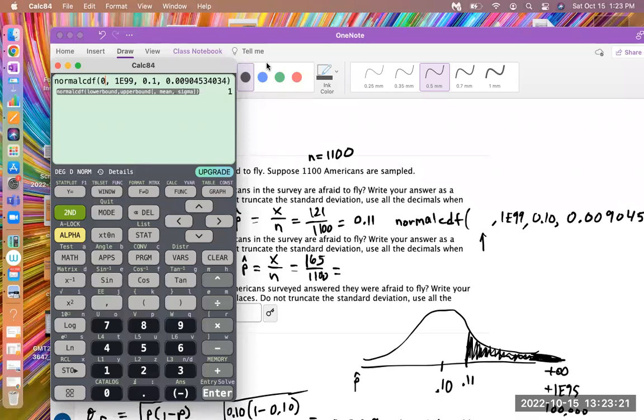Let's see if it takes that. 165 divided by 1100. And it does take that. Just press enter, and my answer is basically 0.